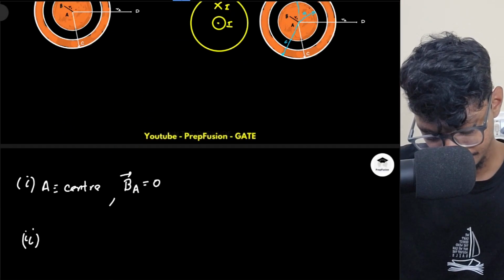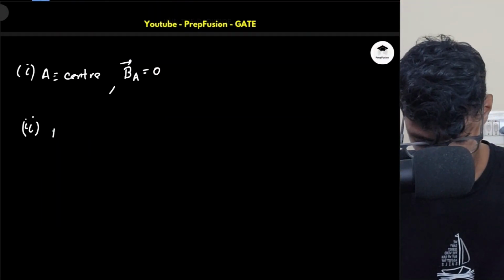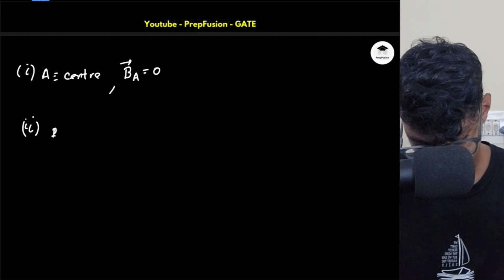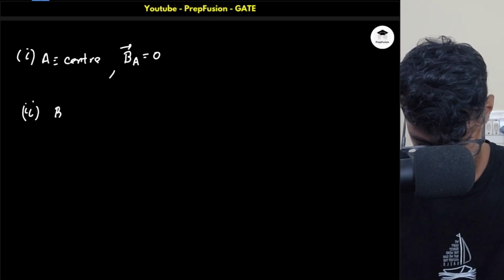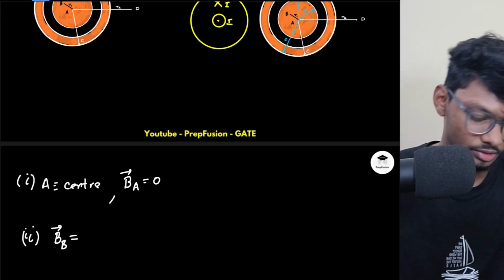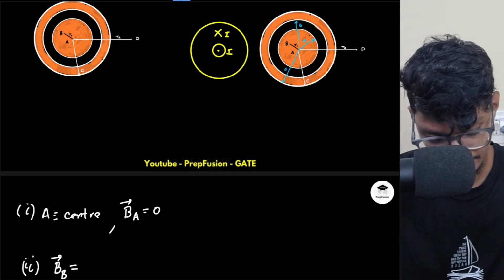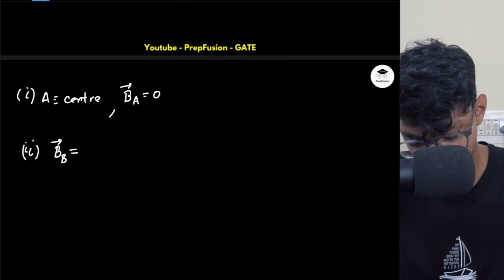So I can say the magnetic field at B will simply be this thing, right? I have just derived the formula, I will just directly use it.